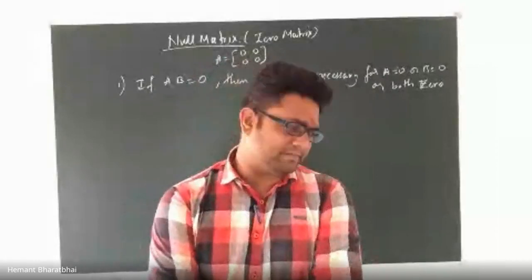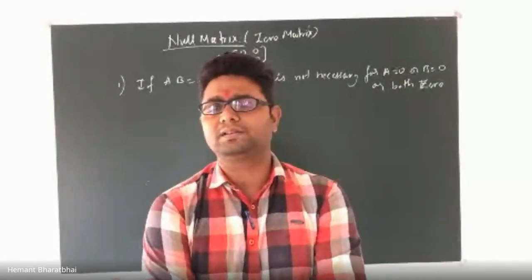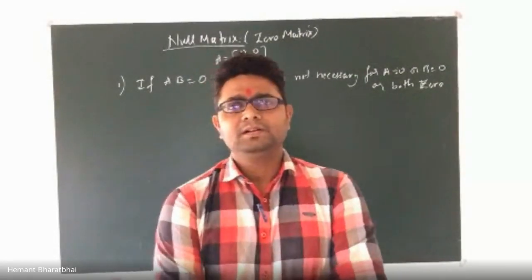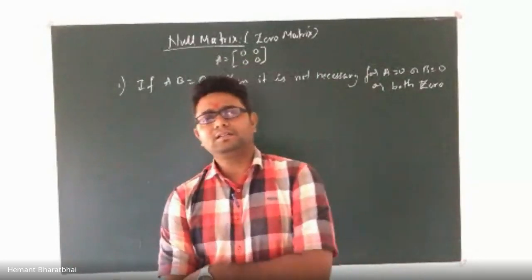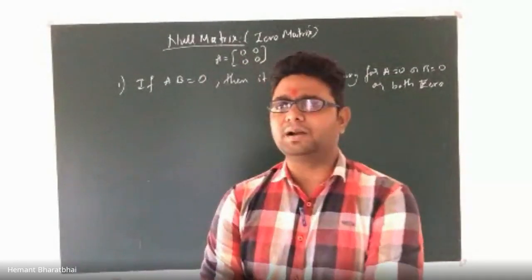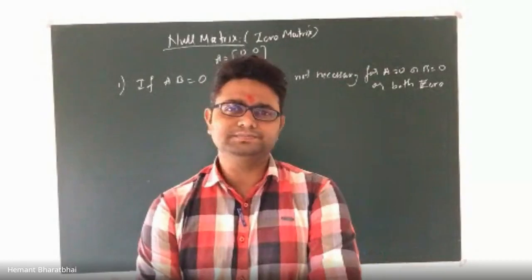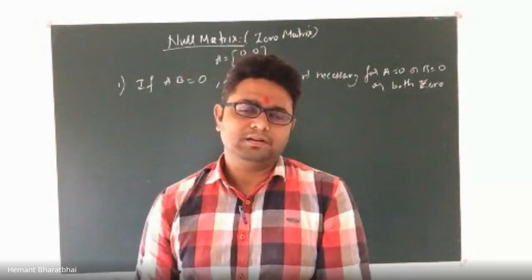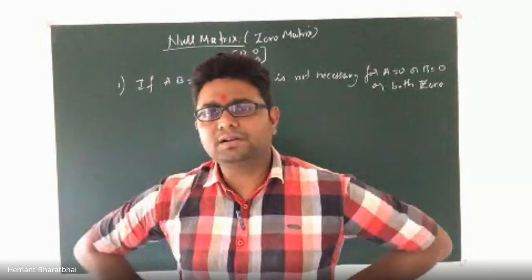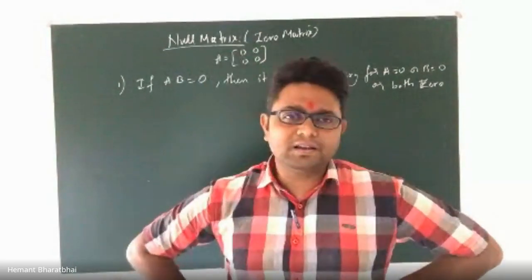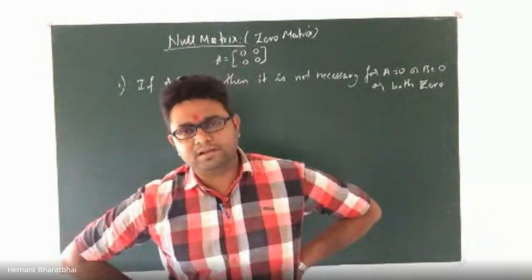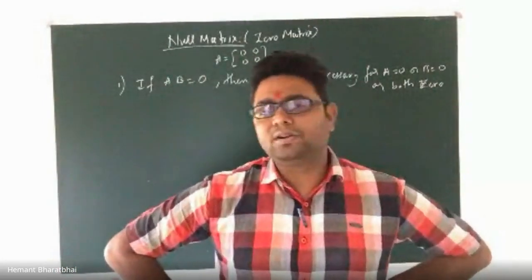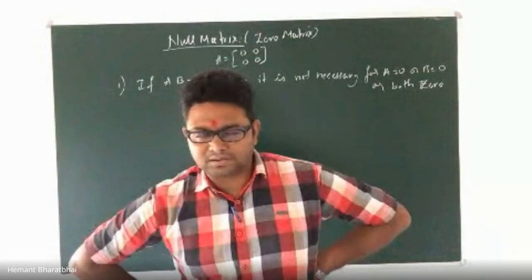Just remember, you must have done a little bit of vectors in your projects. Work done: it's not necessary that if my force is non-zero and my displacement is non-zero, then my work done cannot be zero. It's not necessary that my force should be zero or my displacement should be zero for my work done to be zero.